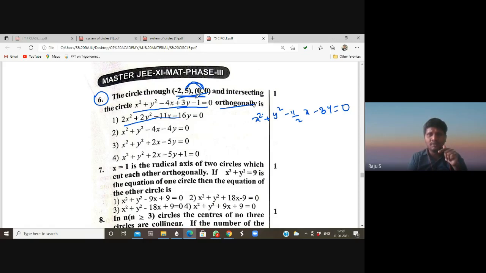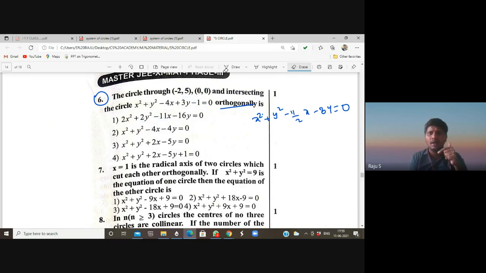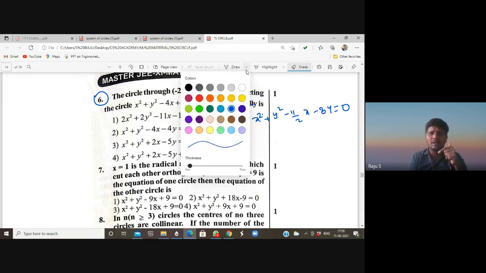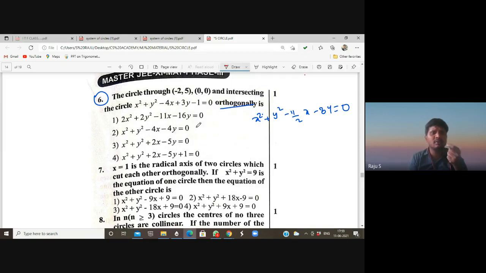Simple. Option verification alone you can do. No need to go for the general equation here; it is not required, and it will take more time. For example, here c1 value is -1. C1 is equal to -1. Here this is c2, and c2 value is clearly 0.